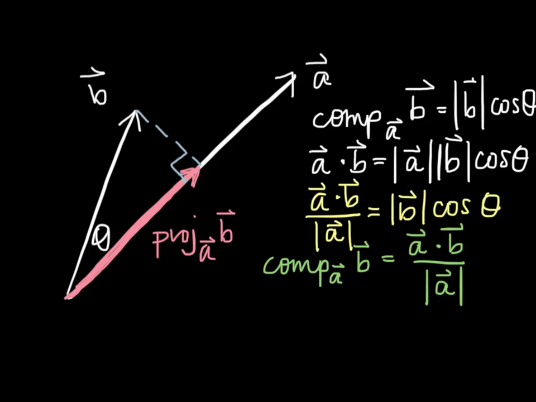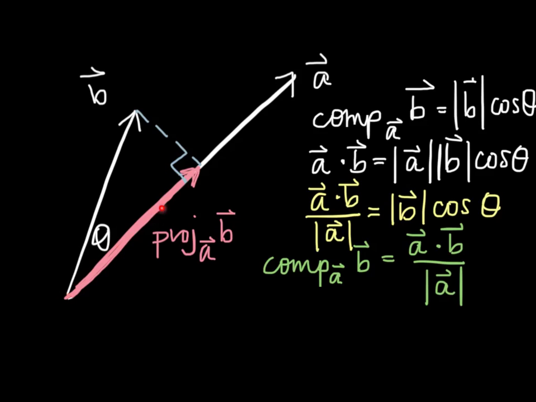is equal to the dot product of the two vectors divided by the length of A. All right, now to find a way to write this actual vector, not just its signed magnitude. Well, remember the two things that characterize a vector are magnitude and direction, and we already have magnitude here. So now we just need direction.